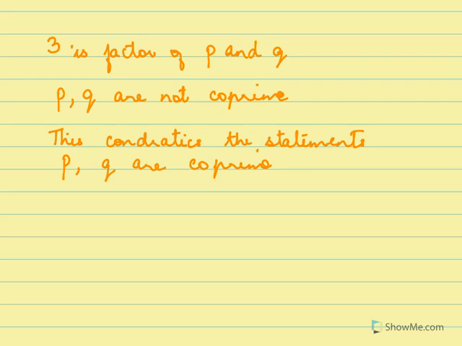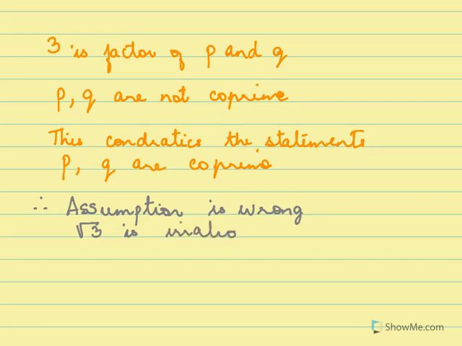So we can say, therefore, our assumption is wrong. If the assumption is wrong, we can say root 3 is irrational. It's a 5 marker. So this was one part of the sum.